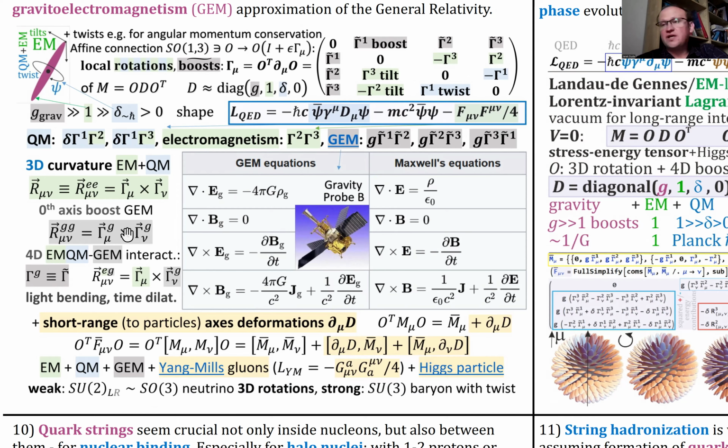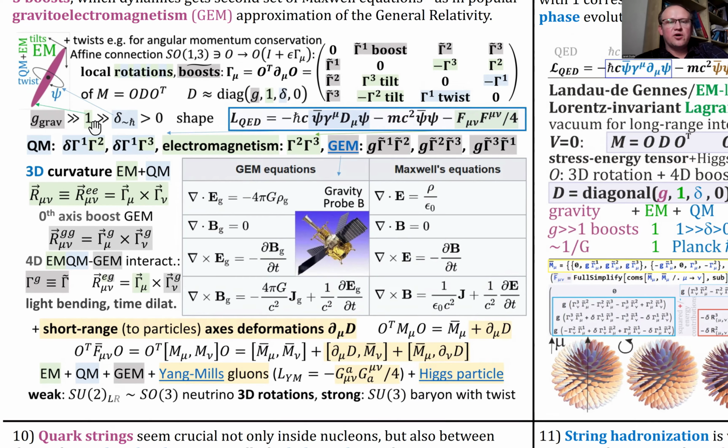Having such slowing down of electromagnetic propagation, we get both the gravitational time dilation, because all chemistry, for example, is based on electromagnetic propagation, and also we get the light bending because of the Fermat principle. So we can also get unification of all these 3 long-range interactions by just an SO(1,3) field.